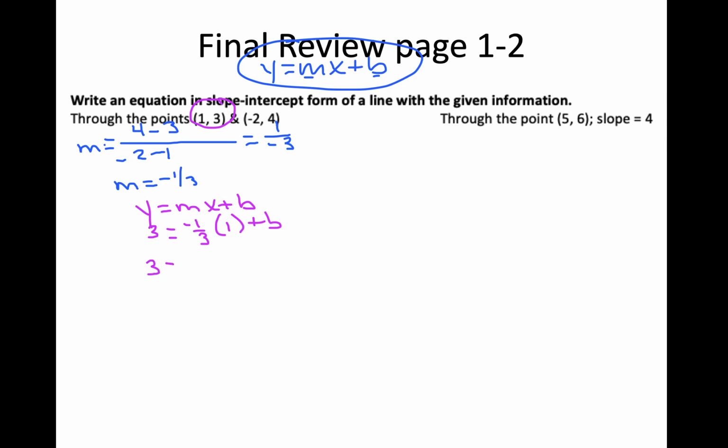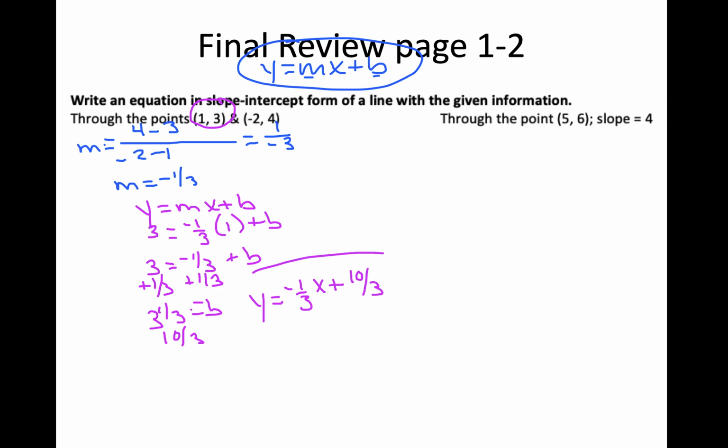So I get 3 is equal to negative 1/3 plus b. So then when I add 1/3 to solve for b, you get 3 and 1/3 is b. 10/3 also works. So your equation would be y equals the slope I just found, negative 1/3 x, plus the b I just found. Your y and your x have to be in there, so be careful with that.